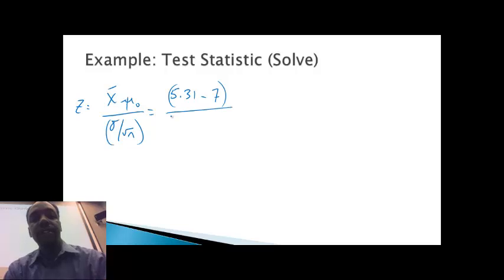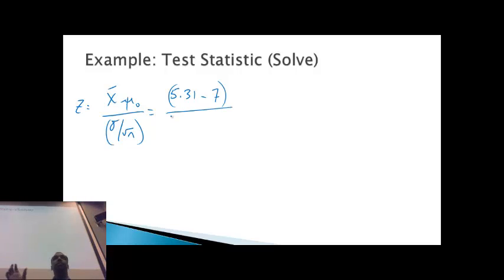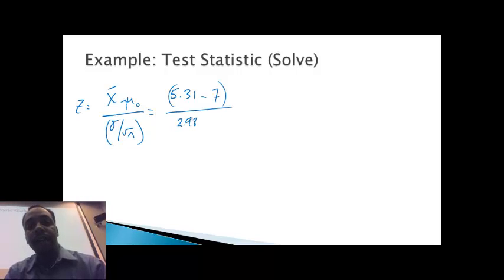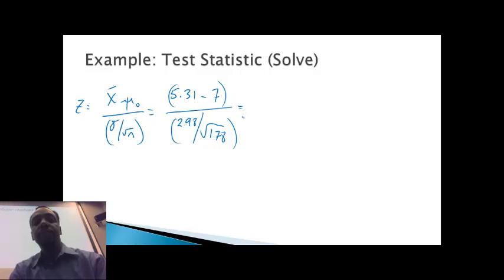So the question is, how far is 5.31 from 7 relative to the standard deviation for the sample mean? Well, then you want to go ahead and do 2.98, which is not so bad, divided by the square root of 178. And I'm guessing it's going to be a big negative something.